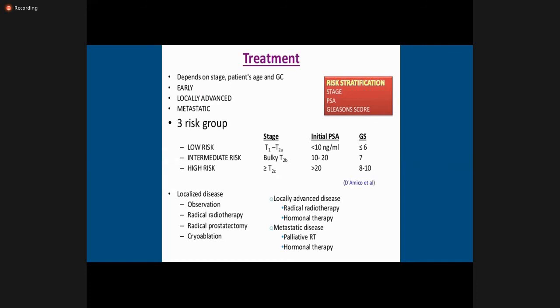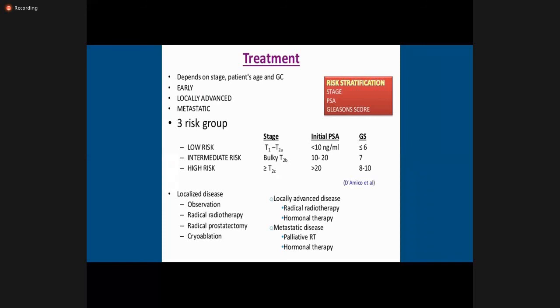And if somebody is having T2C or T3 or more than that, or initial PSA more than 20 and Gleason score 8 to 10, then probably he is in the high risk group.